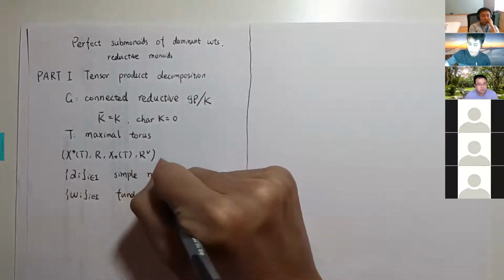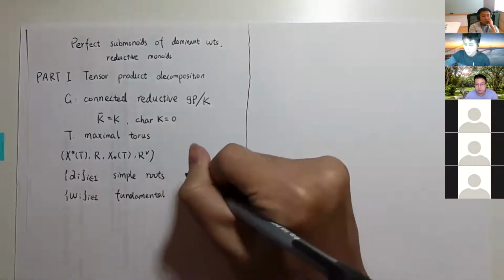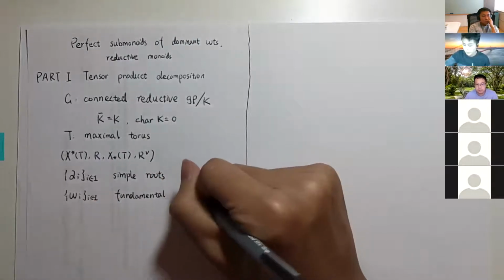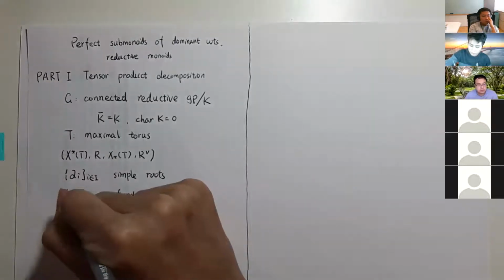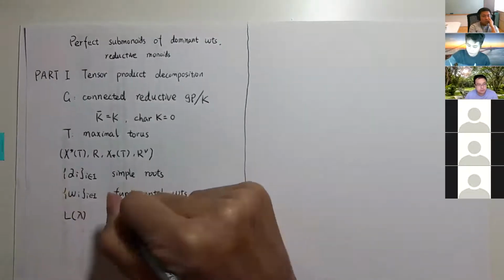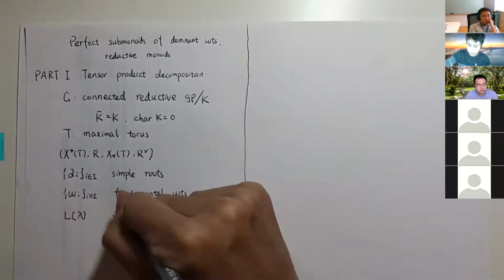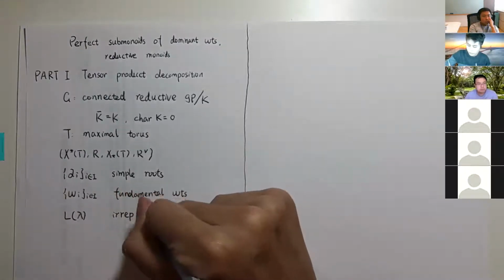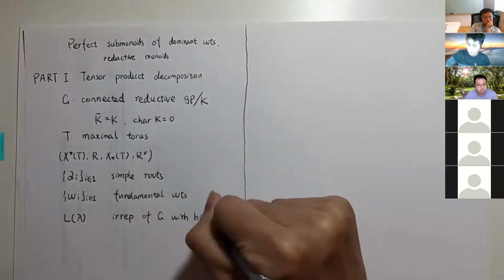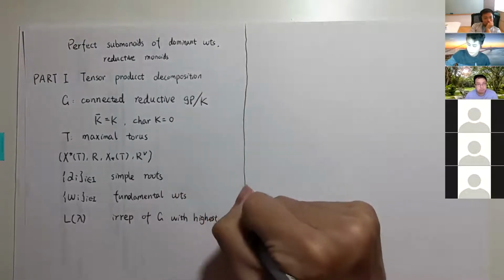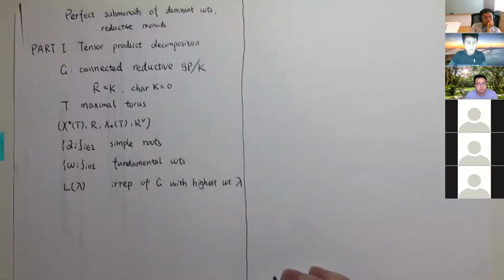And we know that finite dimensional irreducible representations of G are parameterized by dominant weights. So we denote them by L_lambda, the irreducible representation of G with highest weight lambda. Okay, so these are some notations.